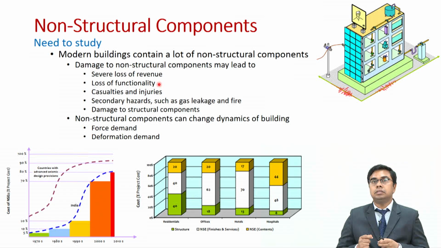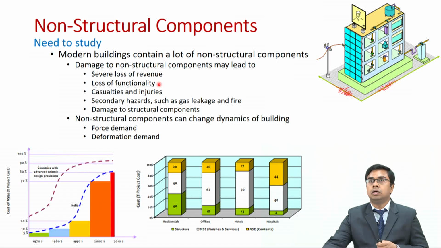Now, what happens if such a critical pipeline of a hospital fails? Then in the aftermath of a disaster, it will be very difficult to keep that hospital functional, and if the hospital loses its functionality, then it is a very serious concern. So, damage to these non-structural components is very hazardous in that case.